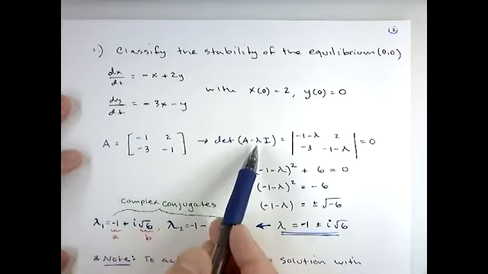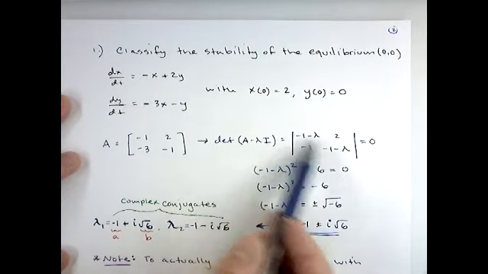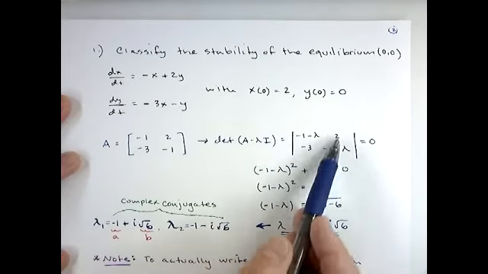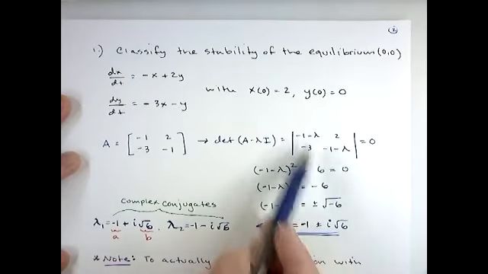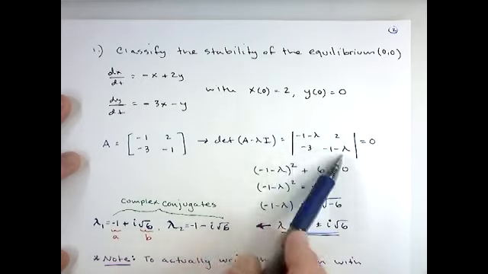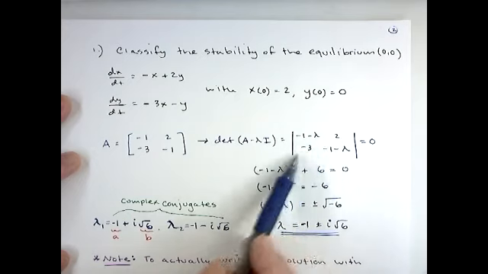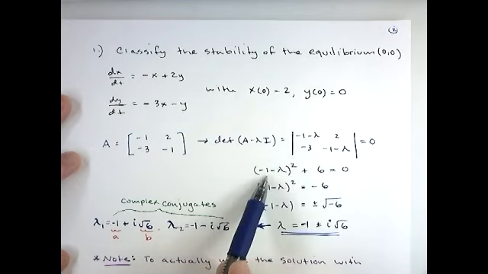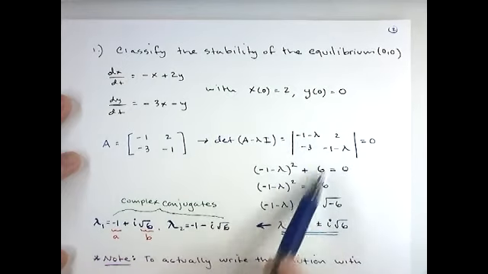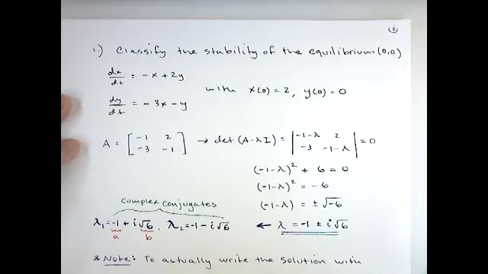If we find our eigenvalues using our determinant, with the negative 1 minus lambda, negative 1 minus lambda on your main diagonal. Keep the off diagonal the same. And then remember the determinant is this times this, the main diagonal product minus the off diagonal product. So you're going to get negative 1 minus lambda squared minus negative 6, which really turns into plus 6.